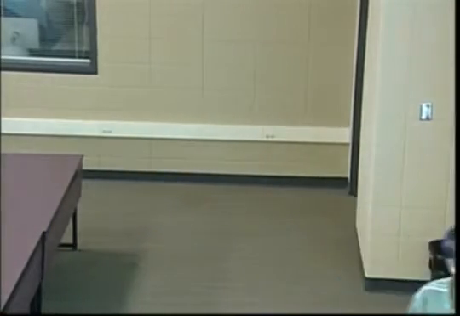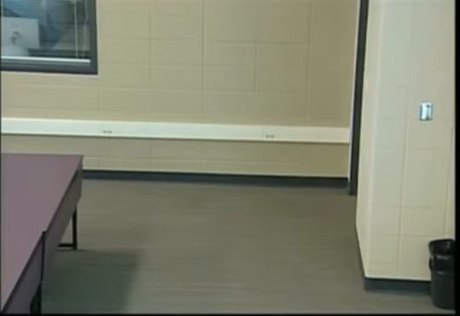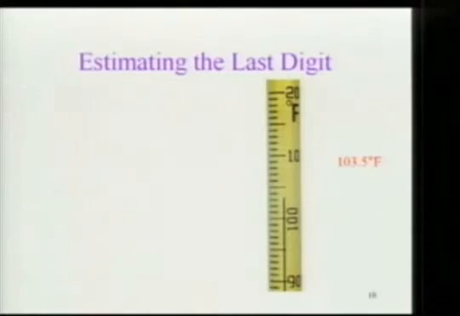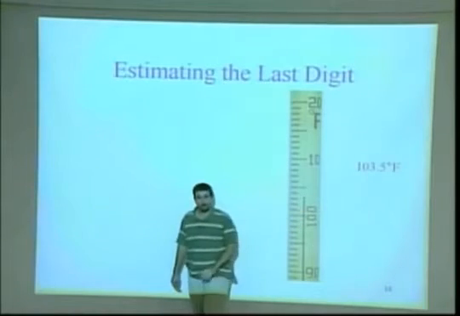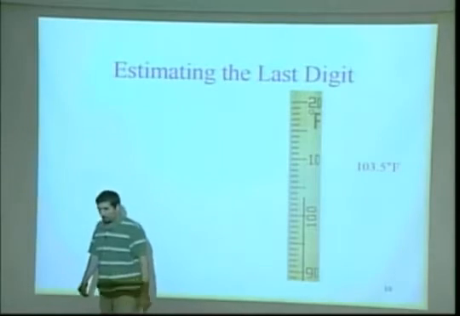In this case, you're not going to put 103.0 something because you don't have that type of instrumentation. You can only go 1 past what you're allowed to see here. If you're only going by 1s, that's this column right here. You can only go 1 more past that because that's where you can't see. So if we're between 103 and 104, we have to eyeball it and see what it looks like.